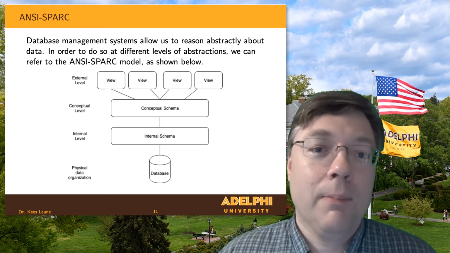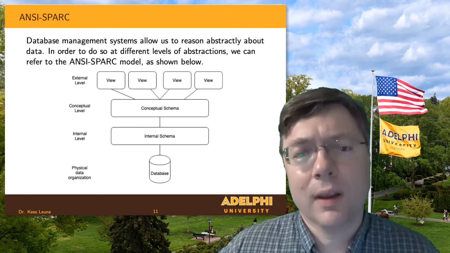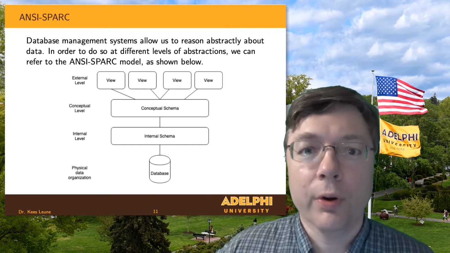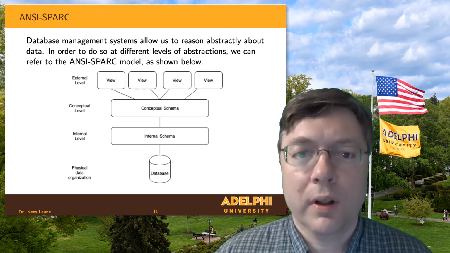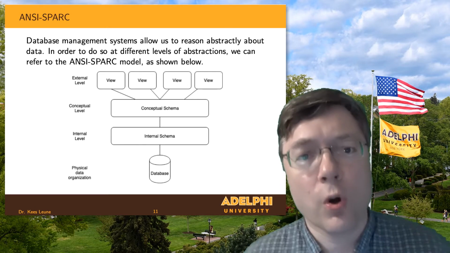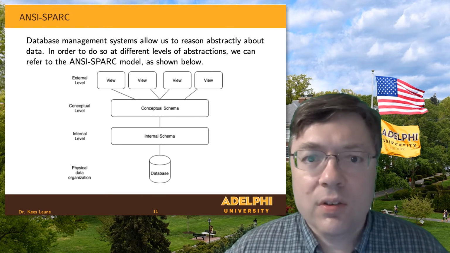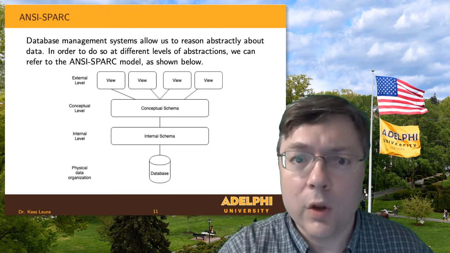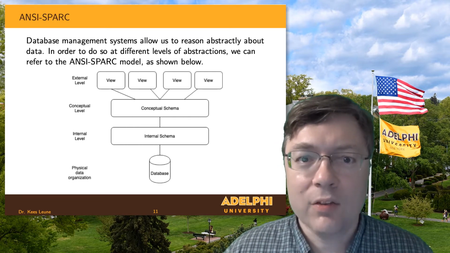Maybe I'm developing an application for a bar, and I don't even care about how old you are. I just want to know that you're 21 years or older, and in that case, that might be how I present your date of birth, as a Boolean field, yes or no. All of those translations that are specific to an application, or sometimes maybe even to a user in an application, are called views, and those happen at the external level.